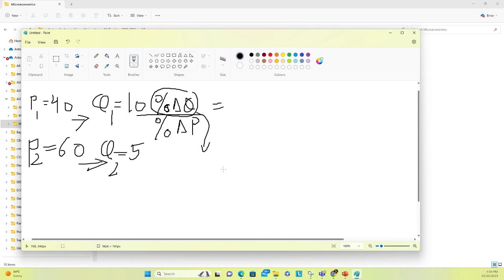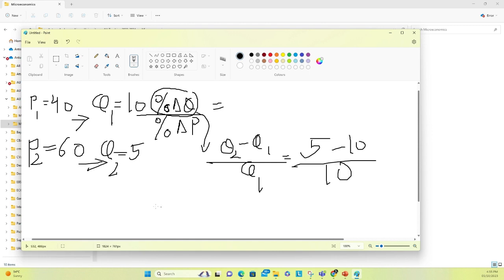The formula is Q2 minus Q1 divided by Q1, which is equal to 5 minus 10 divided by 10, and you get a negative value.